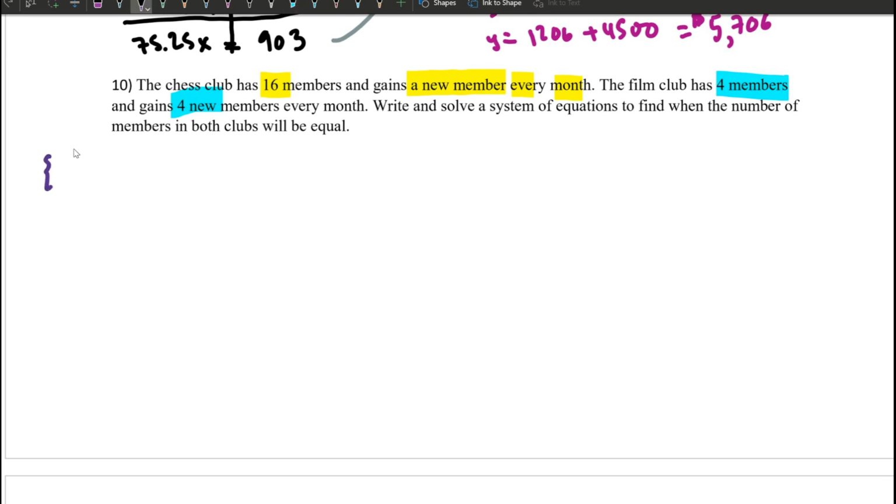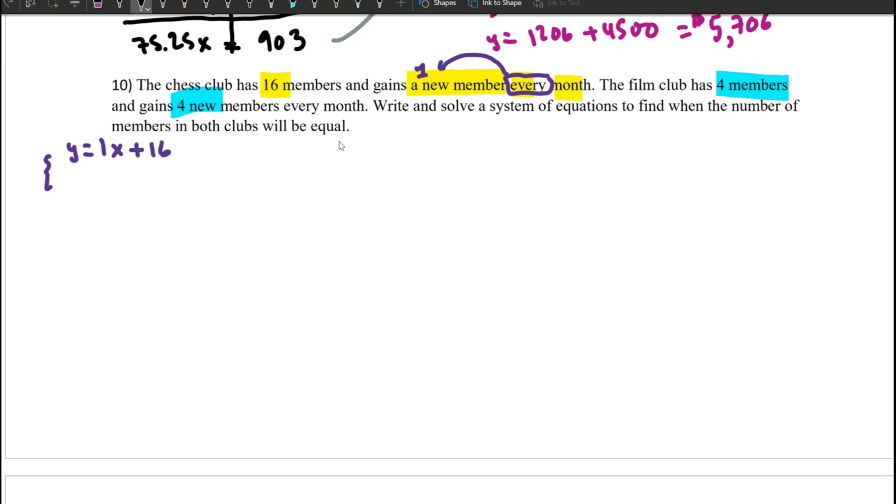So y equals mx plus b. The question says 16. What is your slope? A new member every month means 1. So the keyword we have here is every, each, per. Every will tell you your slope. So y equals 1x plus 16.